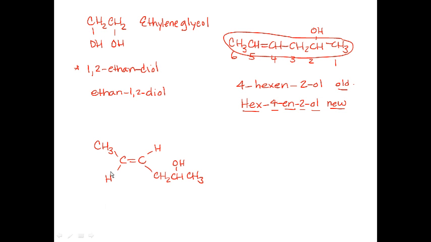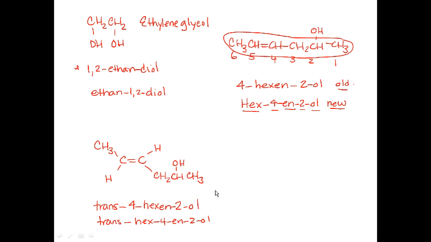And so in this case, this is trans, and in the older system this would have been trans-4-hexen-2-ol, or in the new system it would be trans-hex-4-en-2-ol. Okay. So we're following similar rules that we learned last semester for alkanes, alkenes, and alkynes.